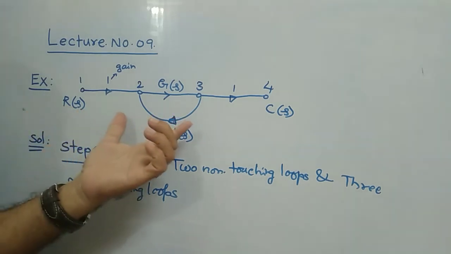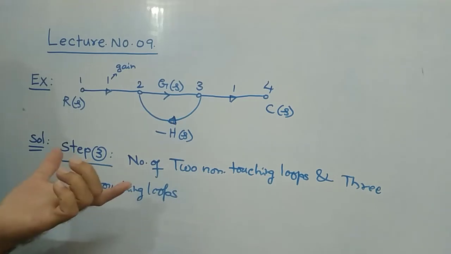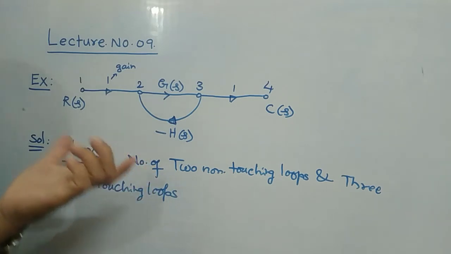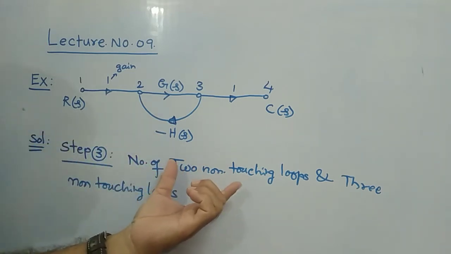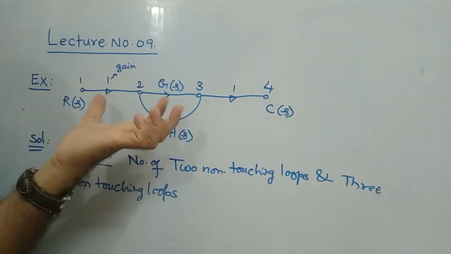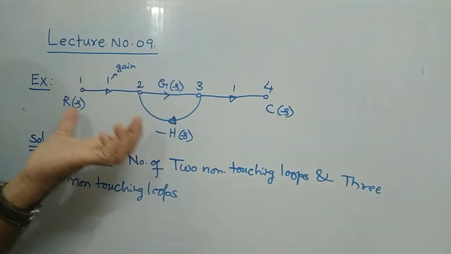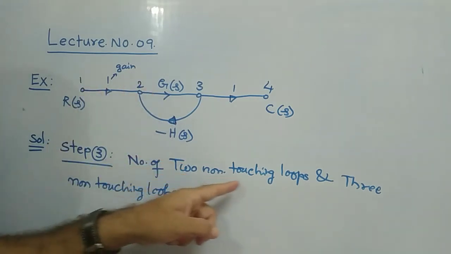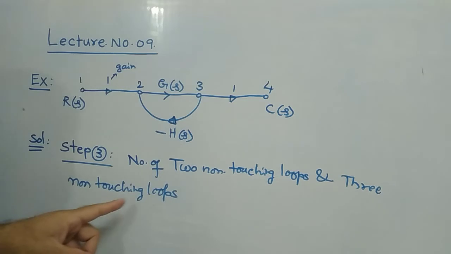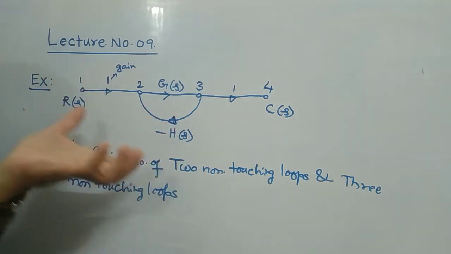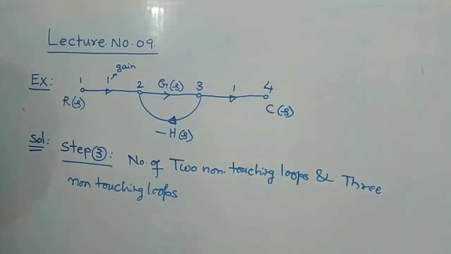It means that in the given exercise or problem, is there any availability of two non-touching loops? There must be two individual loops and they should not touch each other. That is the meaning of two non-touching loops. And similarly, three non-touching loops means there are three individual loops and these three should not touch each other.